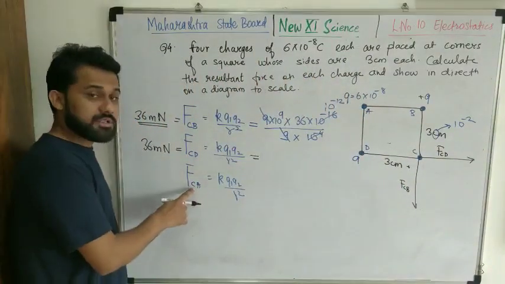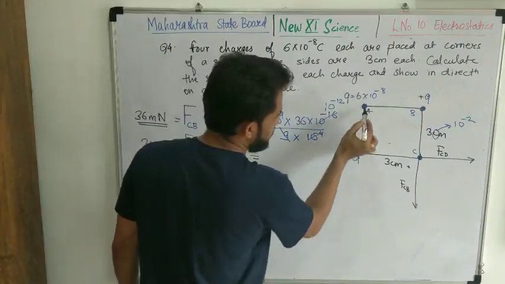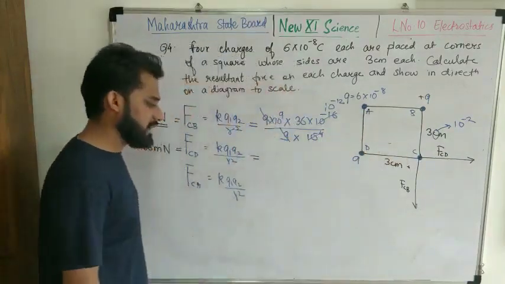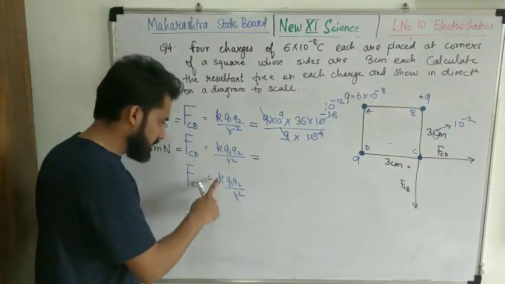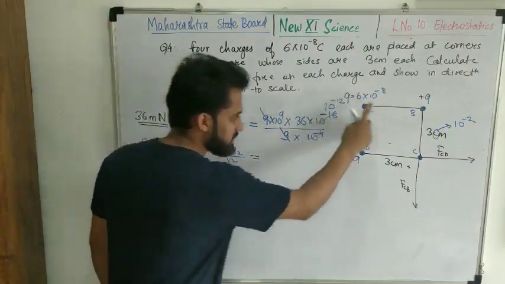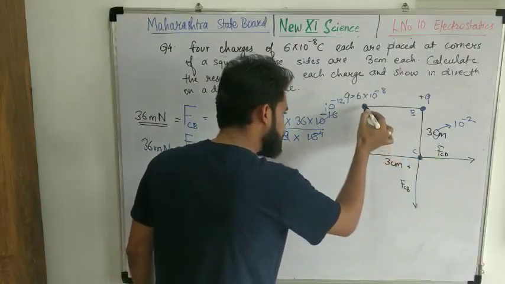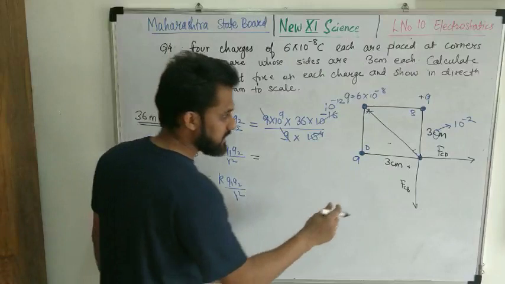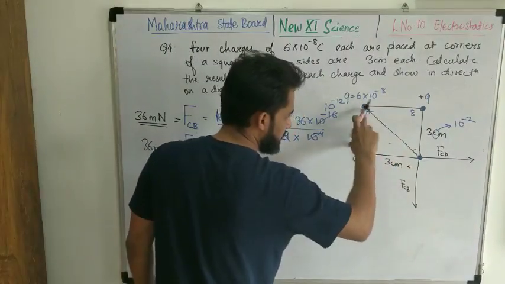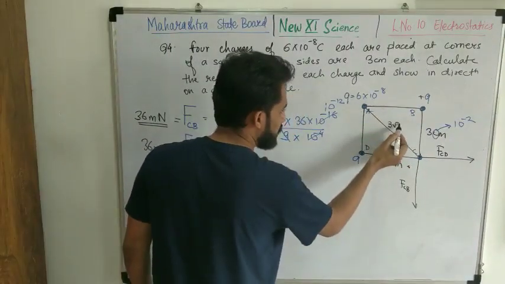Whereas in case of force AC, while calculating, you will find that everything is the same. K is the same, Q1 is the same, Q2 is the same, the charges are the same. The only difference is the distance. The distance is not 3. The distance is 3 and 3 hypotenuse, that is 3 root 2.